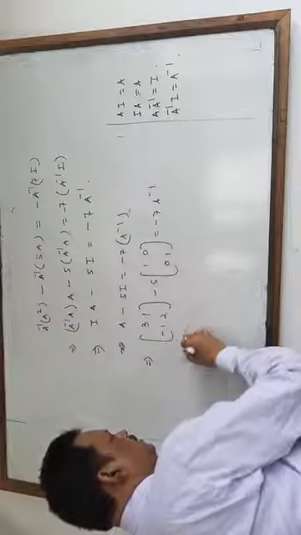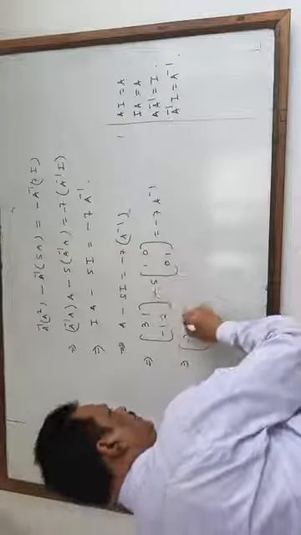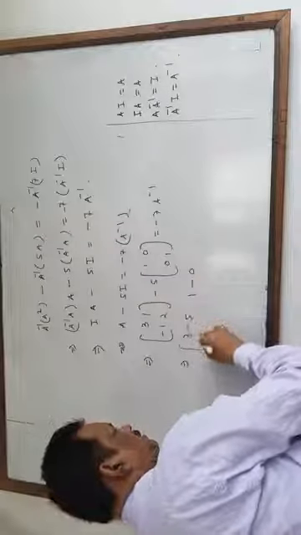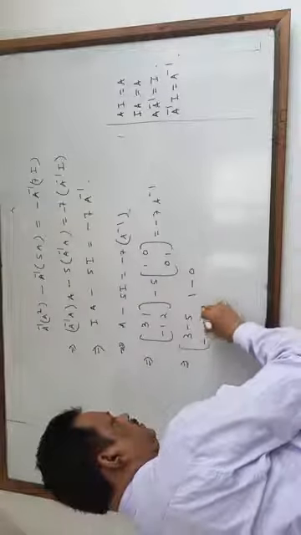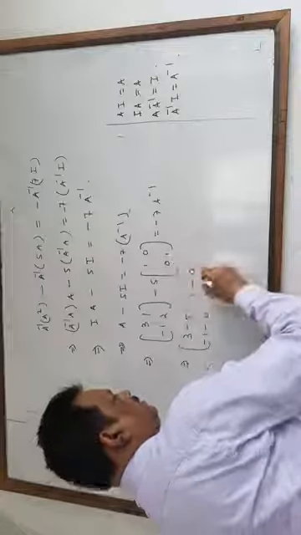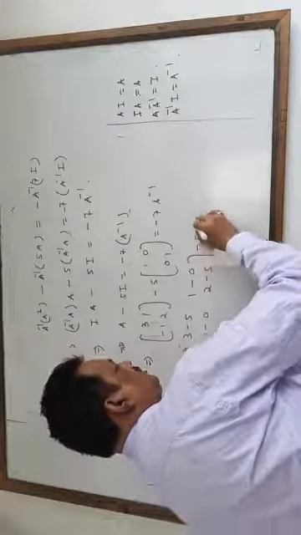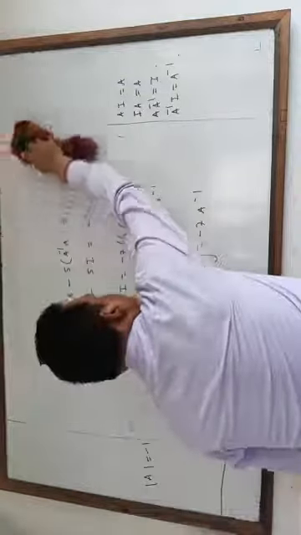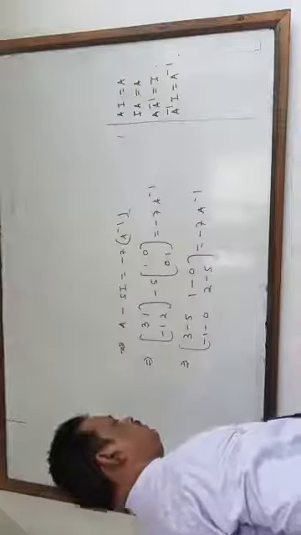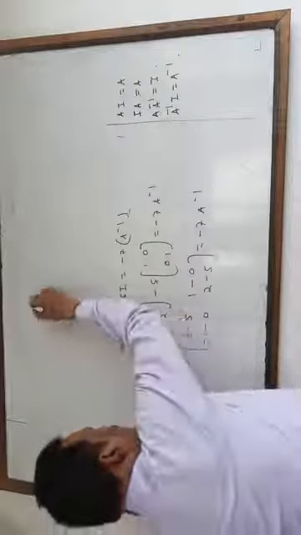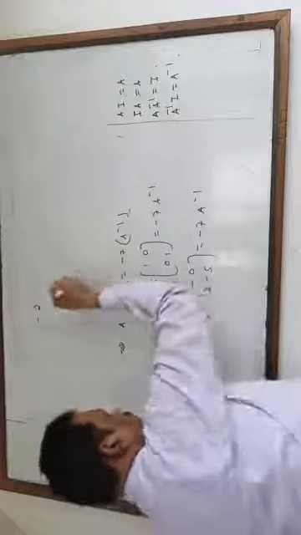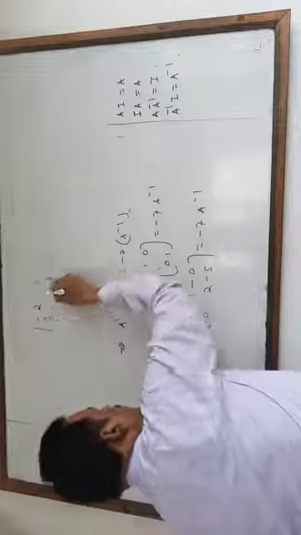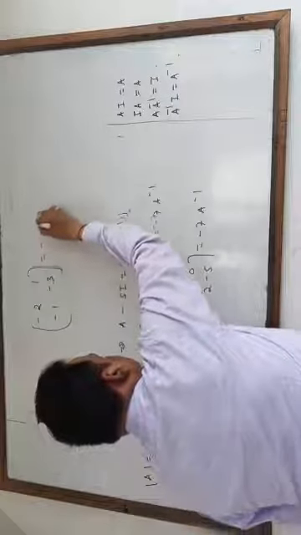Directly you subtract: 3 minus 5, 1 minus 5 times 0, 0 minus 1, this is 0, 2 minus 5 equals minus 7 A inverse. 3 minus 5 is minus 2, this is 1, this is minus 1, this is minus 3, equals minus 7 A inverse.